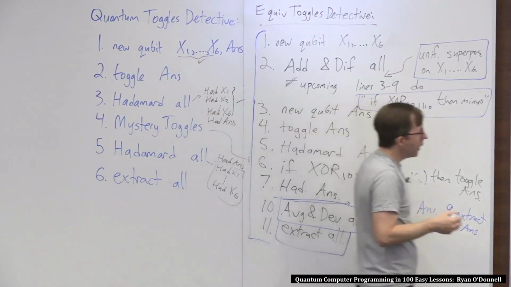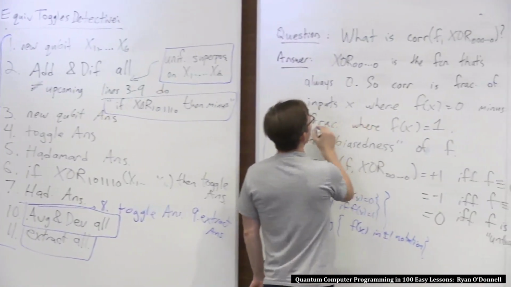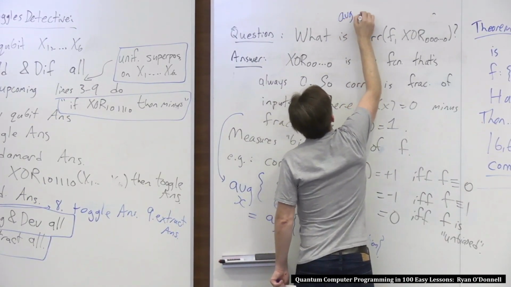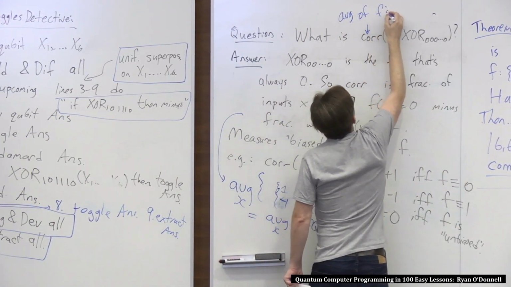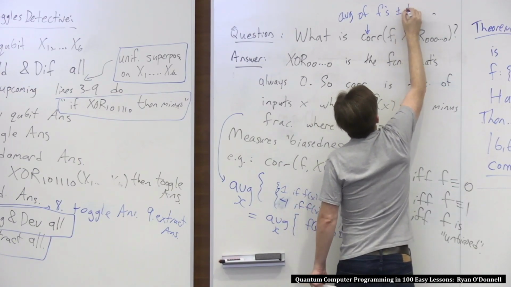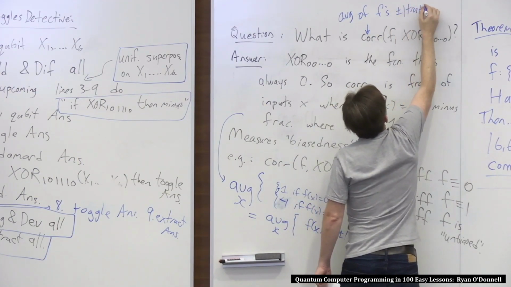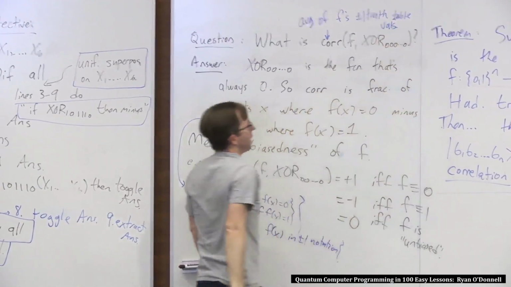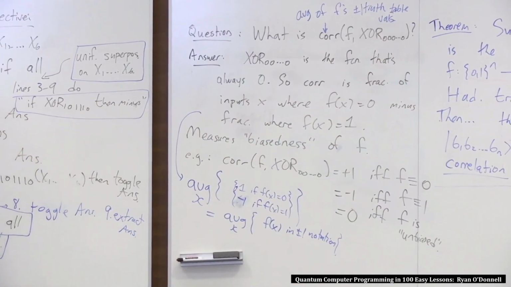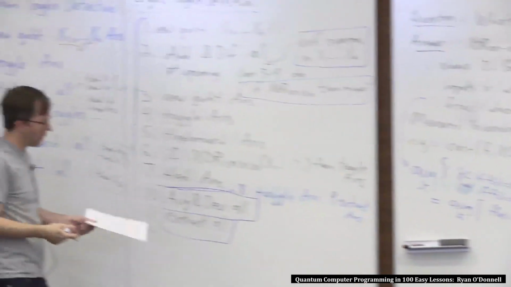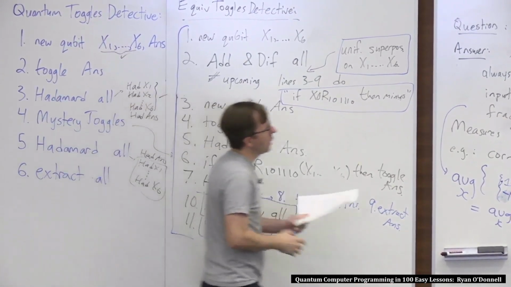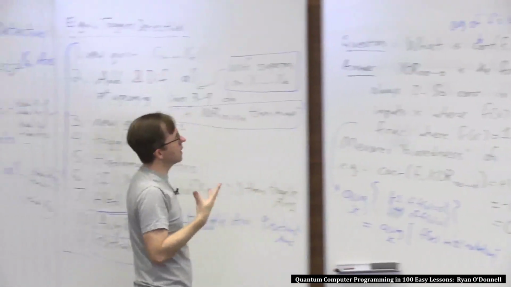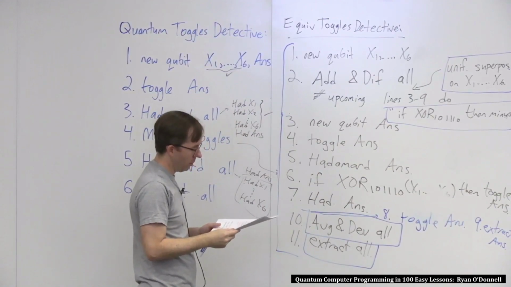So by definition, this quantity is the average of f's plus or minus 1 truth table values. Okay, so just by the definition of correlation and of the plus or minus 1 truth table, the correlation of f with this all zeros bitmasked XOR function is the average of f's plus or minus 1 truth table values.